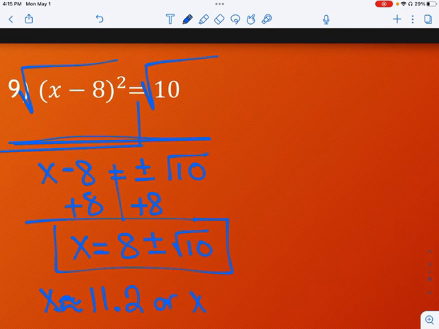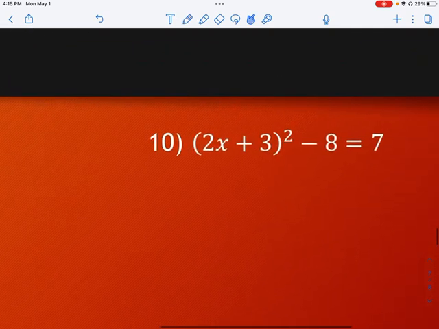And then I come back and do the same thing with the minus. So 8 minus the square root of 10, and that's going to give me 4.83. The 3 keeps it at 4.8. And that's how we do that process if it doesn't come out to be a whole number.